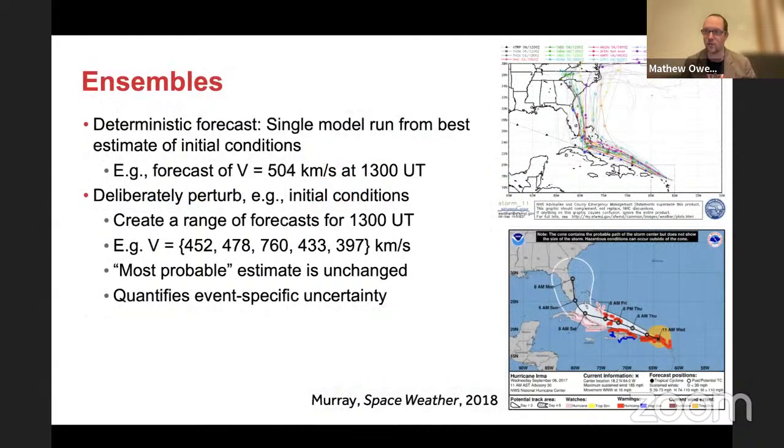So this is the idea of doing ensemble forecasting. So ensemble is an alternative to a deterministic forecast. So a deterministic forecast is what a lot of the forecast agencies are doing, which is you take your best estimate of the ambient solar wind, your best estimate of CME parameters, you put them into your best model, and you run it forwards and you say, okay, this CME is arriving at 7:32 and 15 seconds on Tuesday evening.